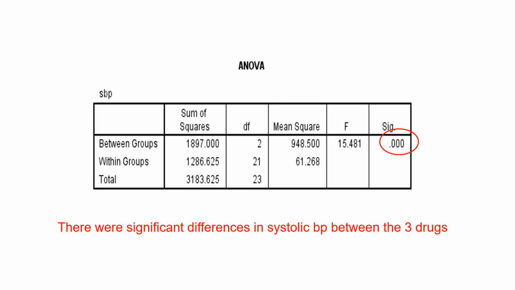The test statistic is known as the F-test, derived from dividing the mean square between groups by mean square within groups. The p-value for the test is significant. It is less than 0.05, which means there were significant differences in systolic blood pressure between drug types.